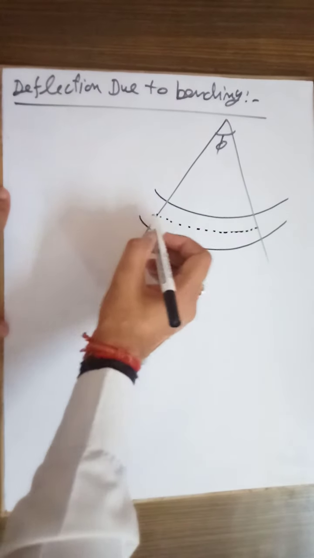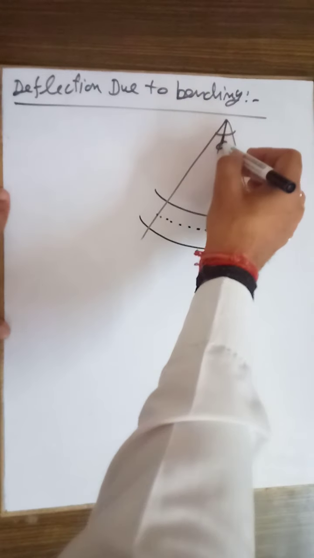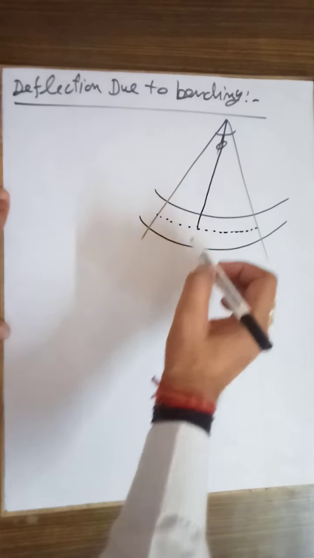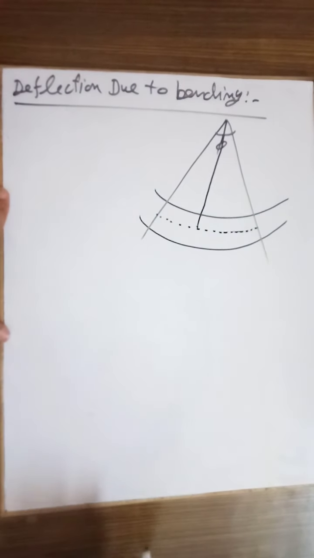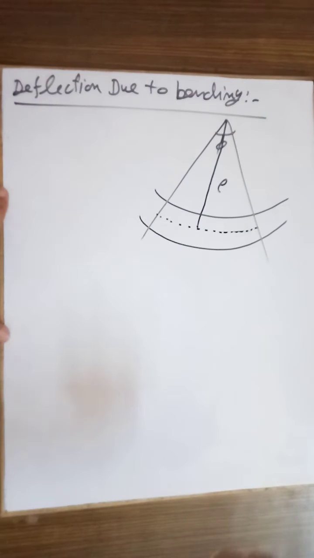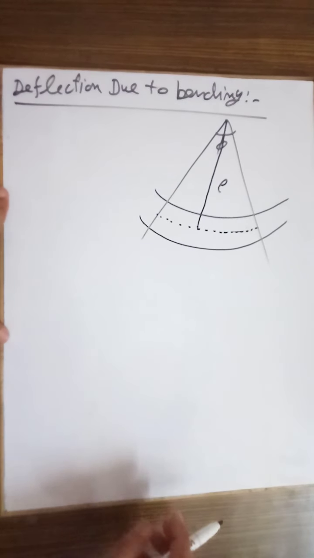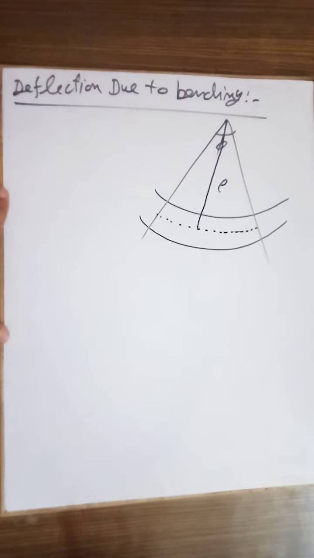If this is the radius, the radius of the curvature is represented by rho, or we can also represent it in terms of r, and the angle made by this curvature at the center is represented by phi.